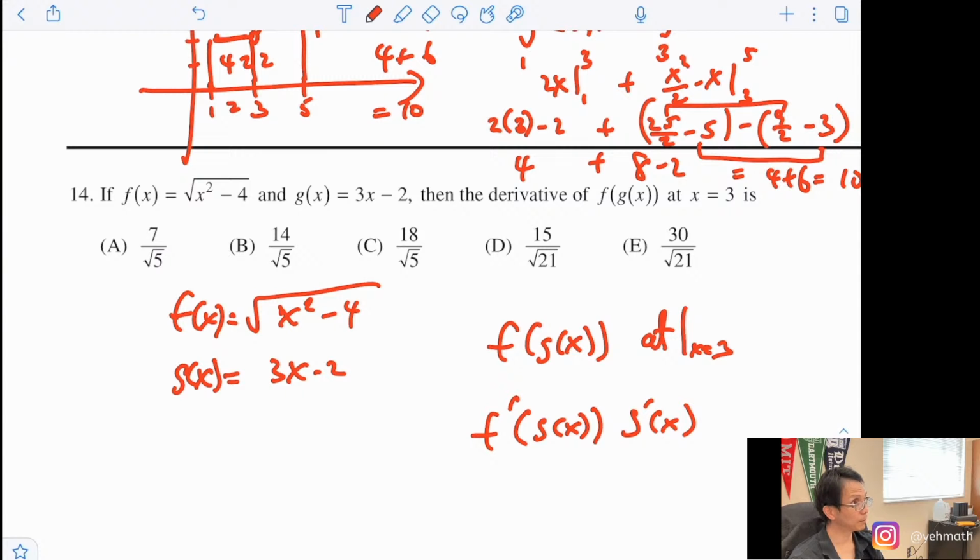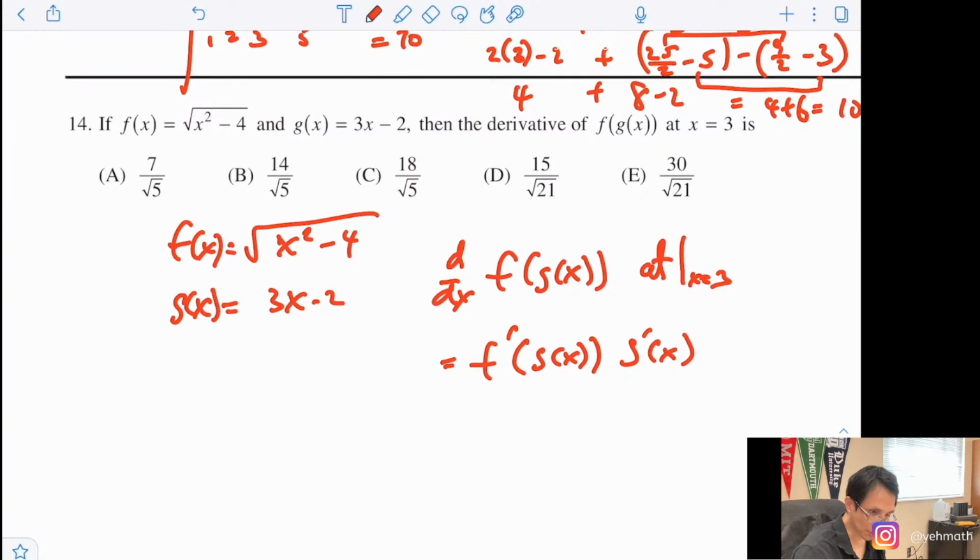Am I doing okay? Because if you take a derivative of this, am I going too fast? I just take a derivative of f of g of x. Okay, well let's do it. First of all, let's figure out what's f prime of x.